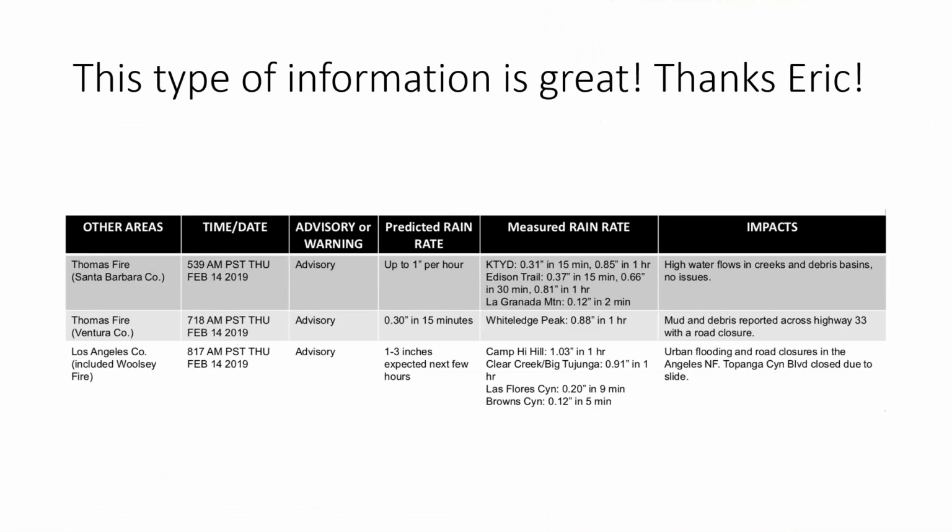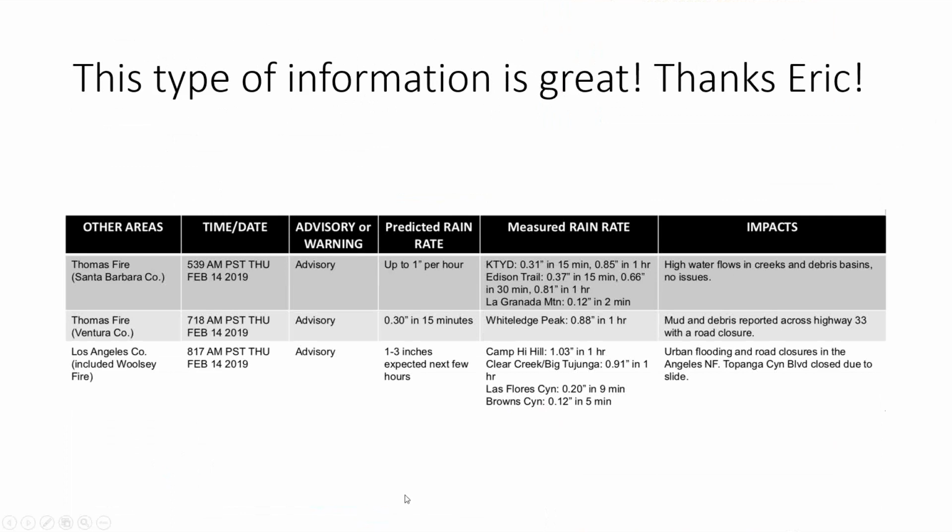This is from an email that Eric Bolt sent out, and it's extremely helpful. He lists the fire location, the date of a storm, and what the predictions were in terms of rainfall, as well as the measured rain rate, and the names of the rain gauges used to measure the rainfall.